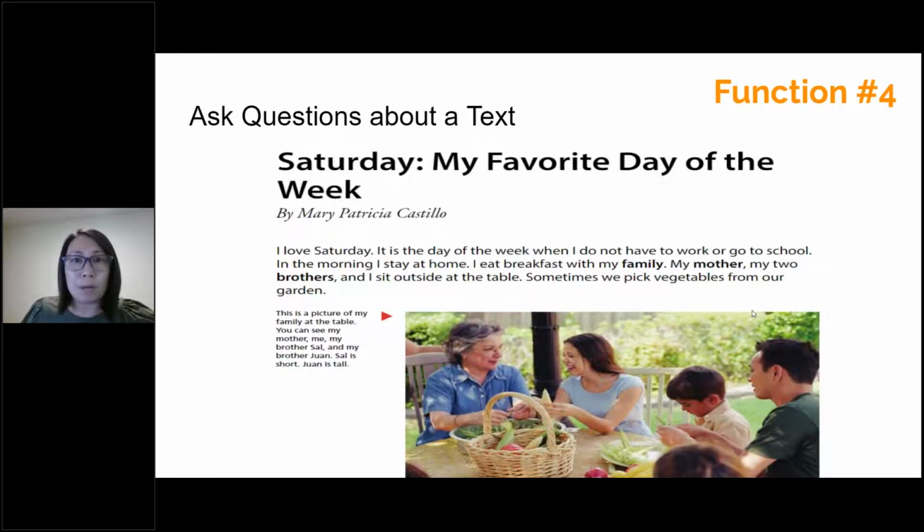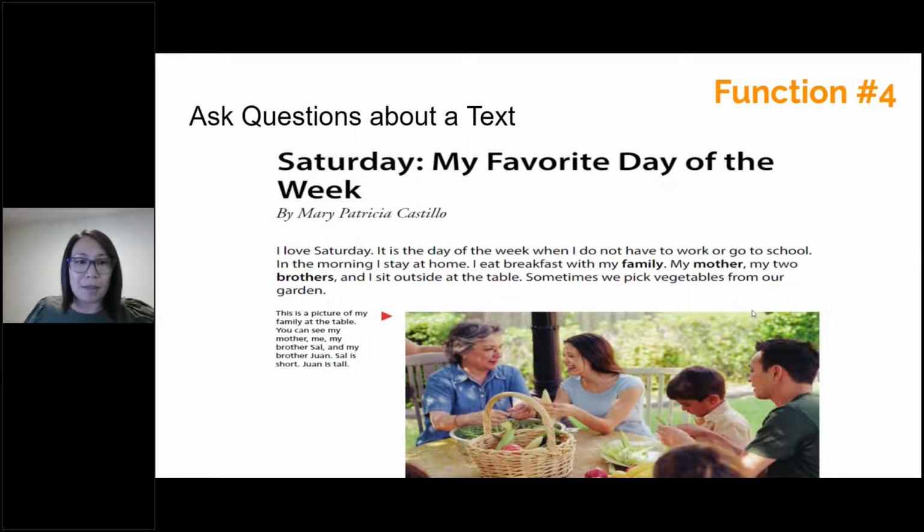On this who, what, where, when, why. So if you guys are used to working with who, what, where, when, why, it will naturally turn into some kind of summary, but even a spoken summary is a great start, right? So let's look at a text, right? Who is speaking? Well, maybe it says this is a picture of my family at a table, right?